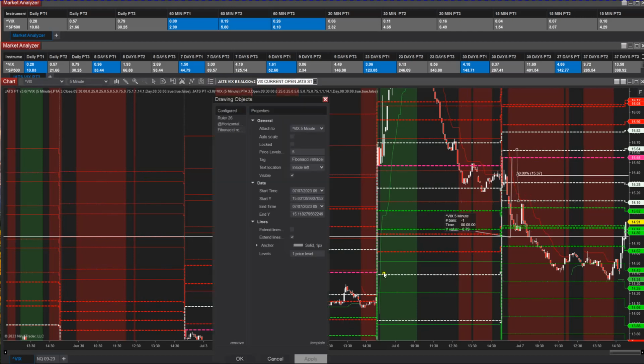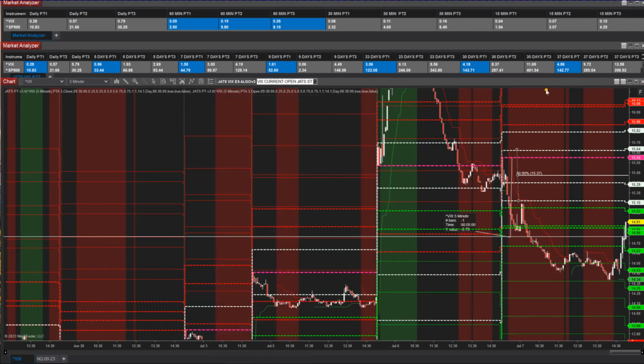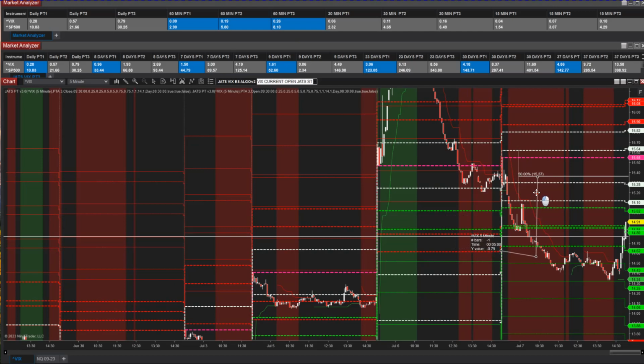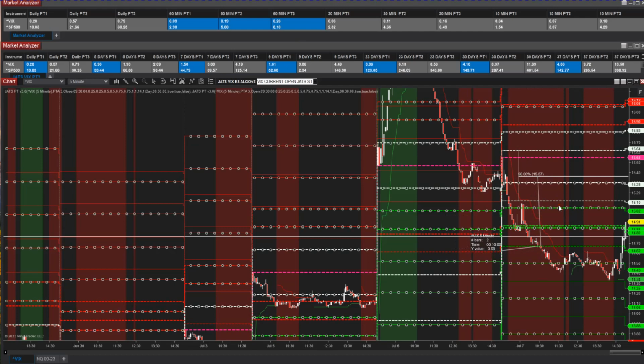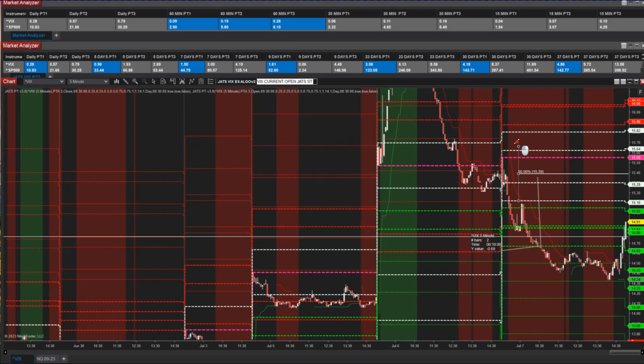So there we go. So if we take the ruler and we measure from that range to the 3, wait, this isn't right. Hang on. It's up here.